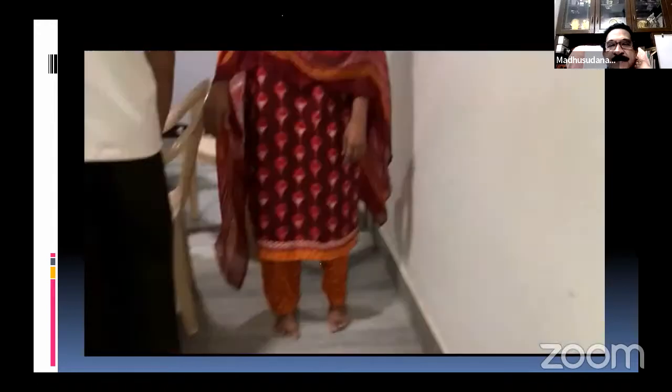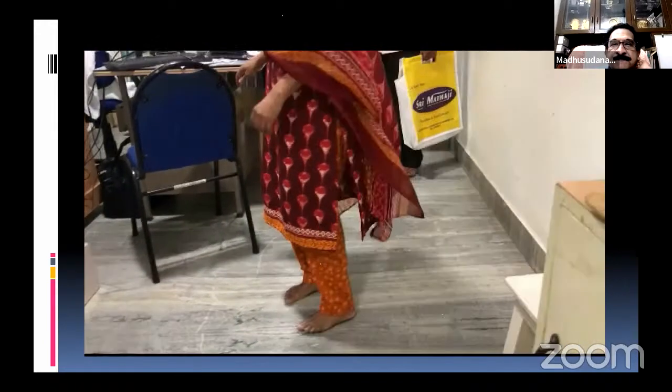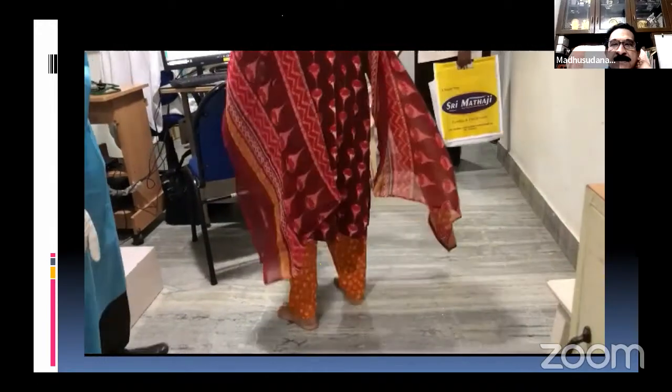And this is how she walked. She takes short steps with the dragging of both feet. And there is some degree of loss of arm swing. Turns around en bloc.